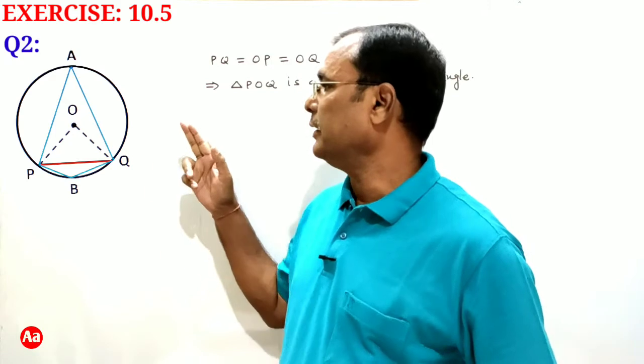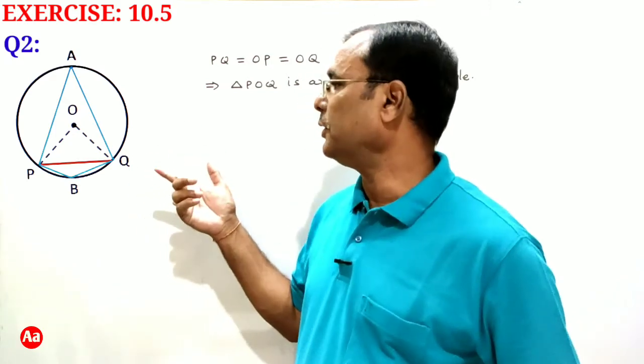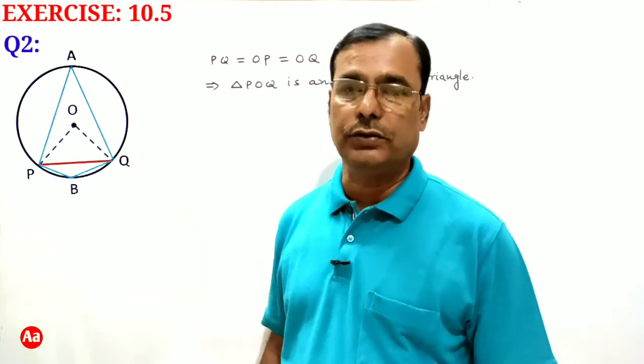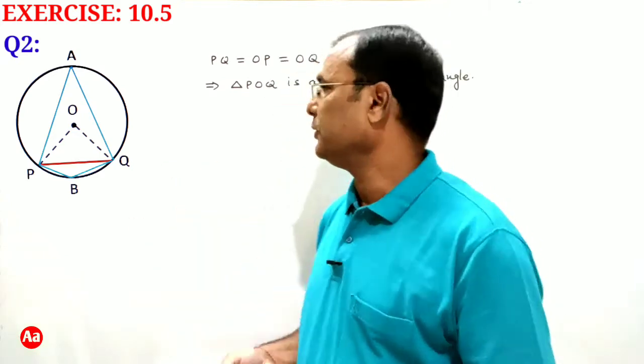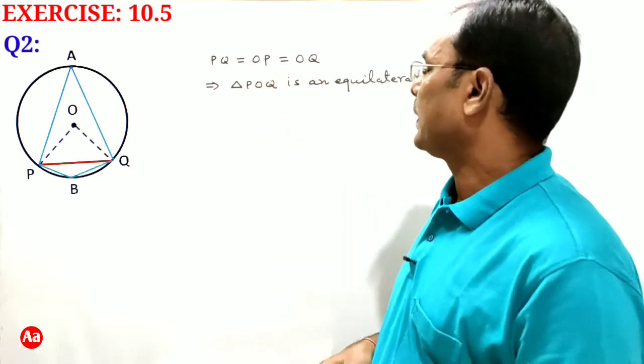O is center, OP is radius, OQ is also radius, and the length of the chord PQ is given equal to the radius of the circle. So that's why we have written PQ equal to OP equal to OQ.